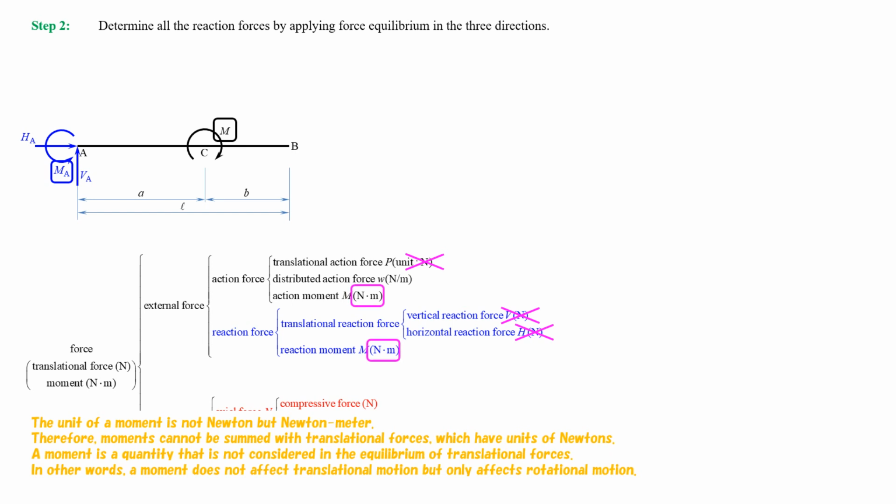Therefore, moments cannot be summed with translational forces, which have units of newtons. A moment is a quantity that is not considered in the equilibrium of translational forces. In other words, a moment does not affect translational motion, but only affects rotational motion.